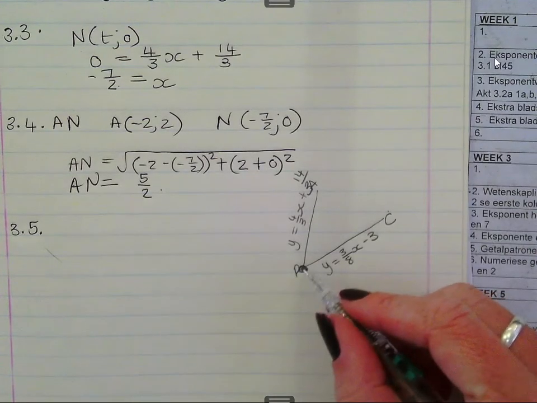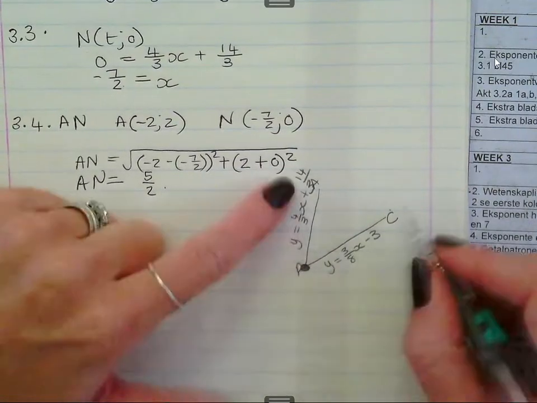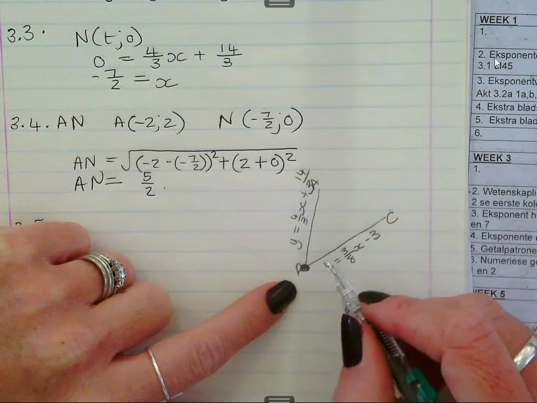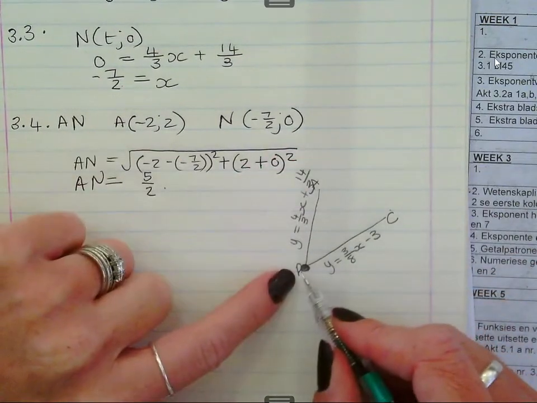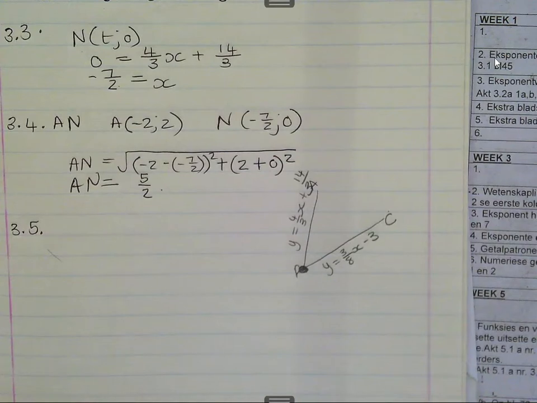Now we spoke about it briefly yesterday. If you have the equations of two lines, you can let them be equal to each other to determine the point of intersection. You did that in grade 10, am I right? Some say yes, some say no. Okay, it's the same as simultaneous equations.